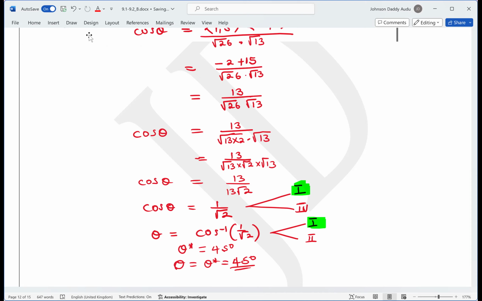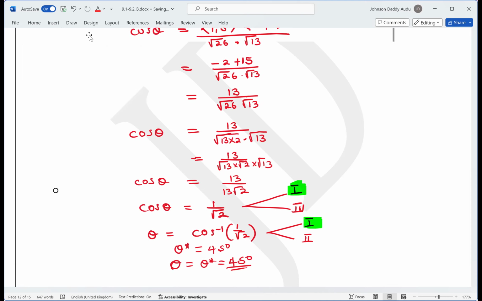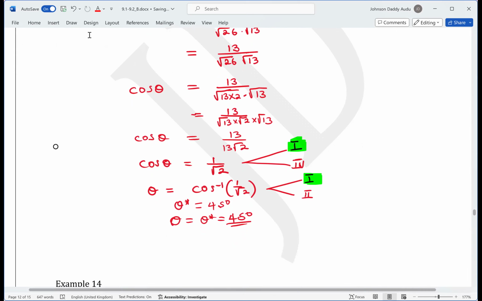Now let me just explain something quickly here since we don't have that example. Let's assume that one of these numbers here is minus, and we got cosine theta is equal to minus this. So this means that what? Cosine is negative, so it's going to be in the second or in the third quadrant, right?